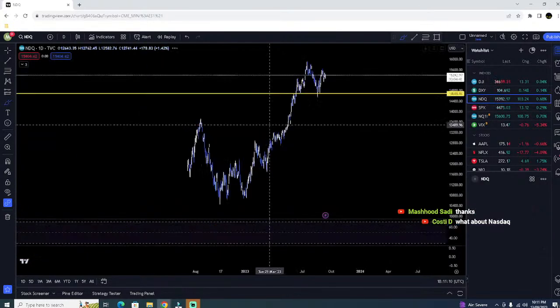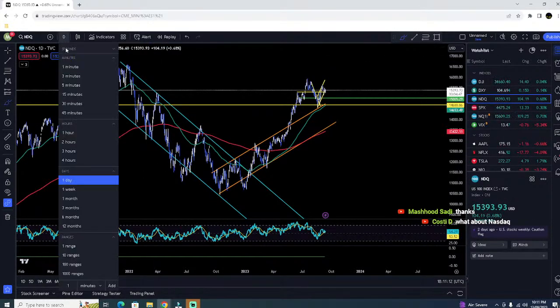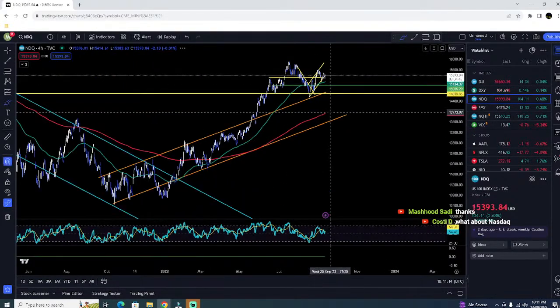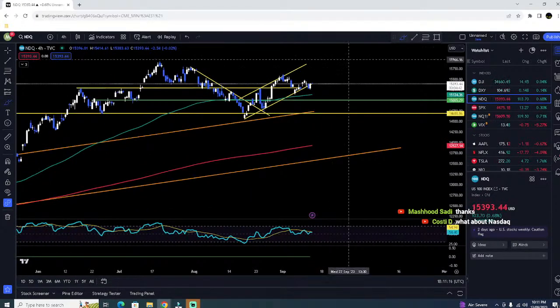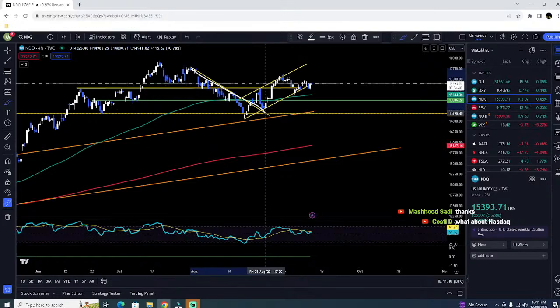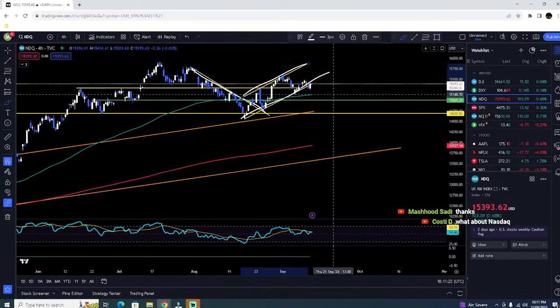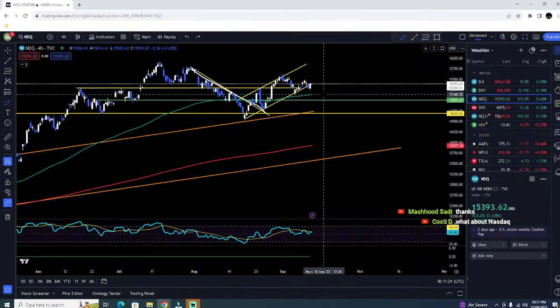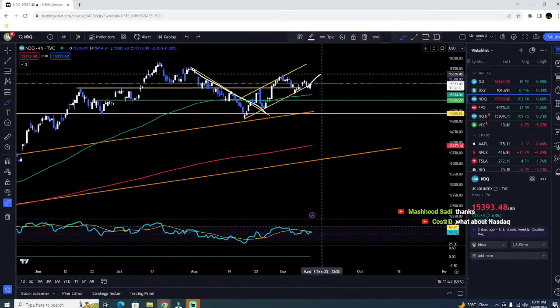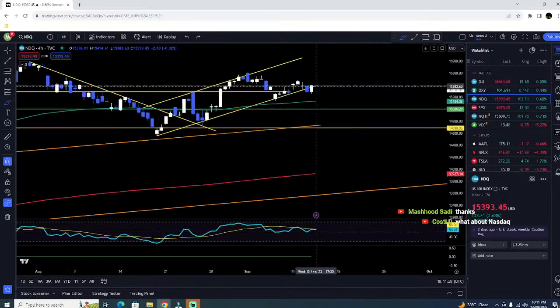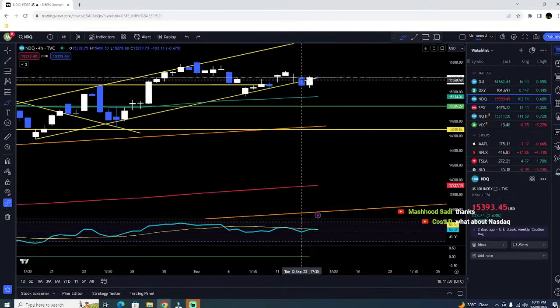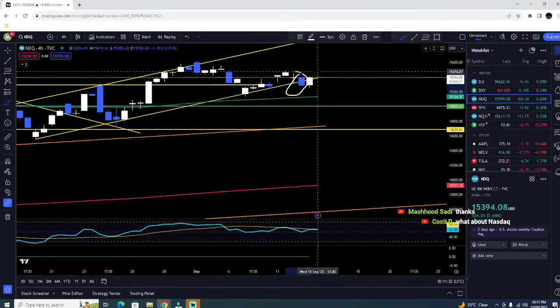Nasdaq, yes, we just talked about this, but I will show you once again what is happening on the 4-hour. Very similar to Tesla and all those, we are stuck in this bear flag right now. Price is trying to come back into this channel, which is nice, because if I zoom in over here, this was not a good candle, but we are getting a very small engulfing candle on the 4-hour.